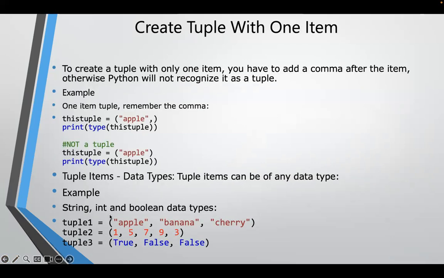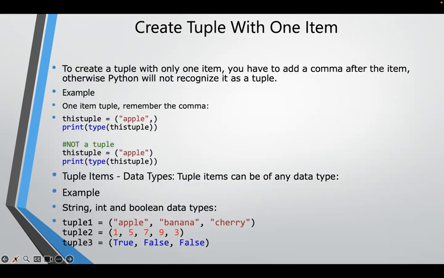Tuple items can be of any data type. So we can have a tuple of string, integer, Boolean data types. It doesn't matter, any type of data could be in a tuple.